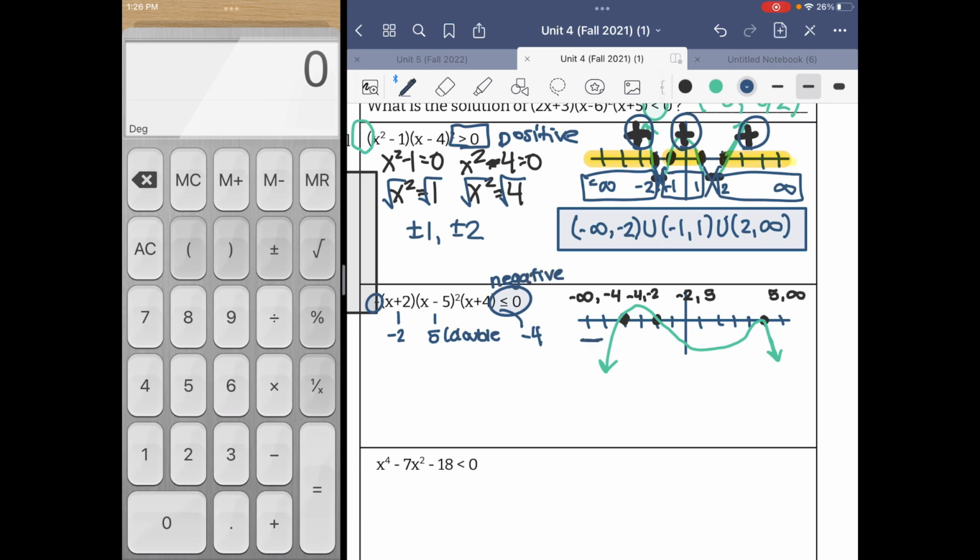We have negative, positive, negative, negative. Because the only time it goes above the x-axis is right here, so that's the only one that's positive. So if I want the negatives, I want this one, not this one, and this one.